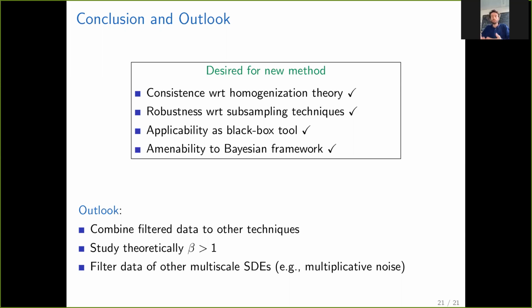It would also be nice to apply this filtered data technique to other kinds of multiscale SDEs, not just a simple one with additive noise, but maybe with a more complicated multiplicative noise structure.